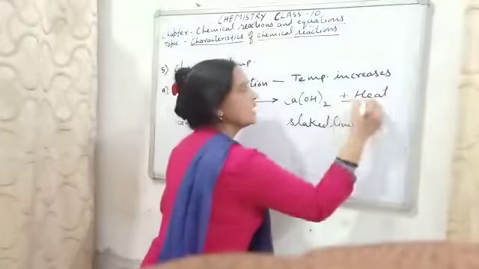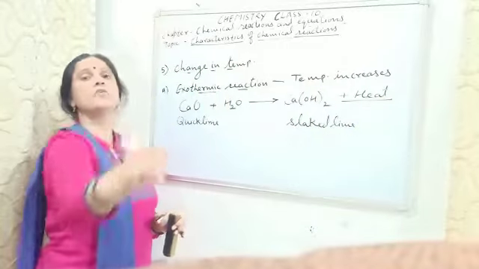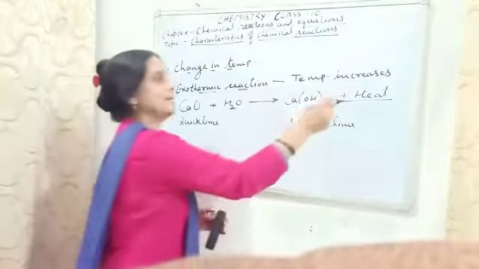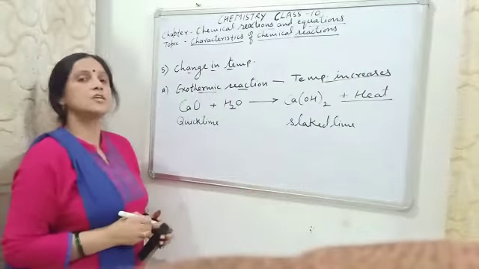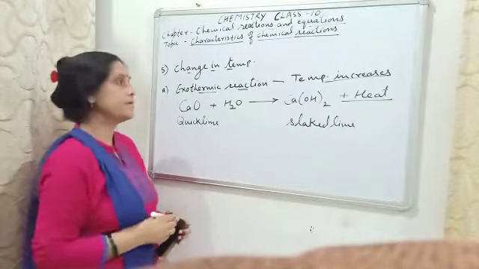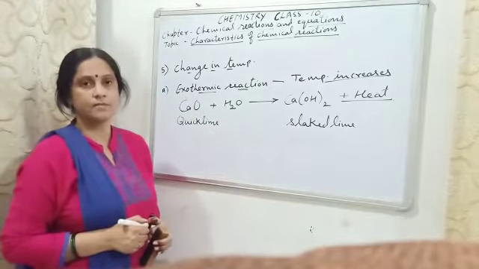Here the sign of plus heat indicates that heat is evolving, that temperature increases here, and due to the evolution of heat, due to the increase of temperature, this reaction is known as an exothermic reaction.